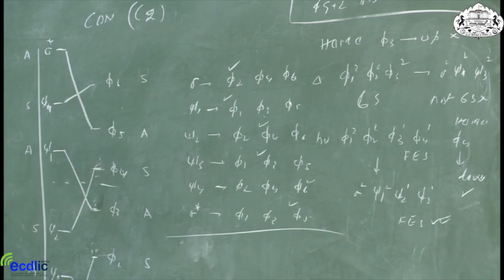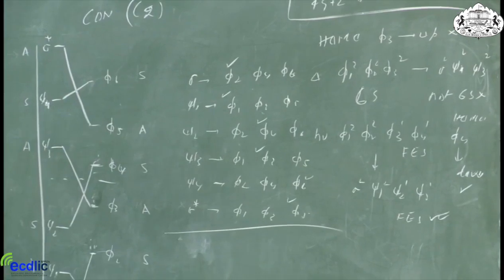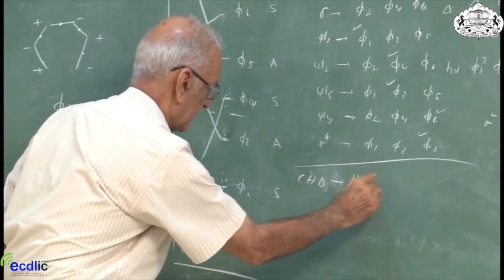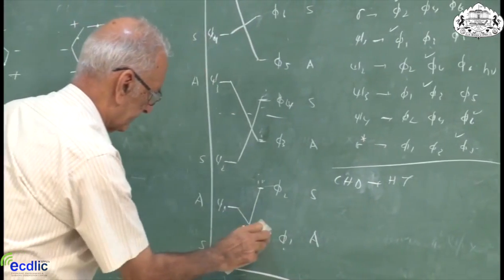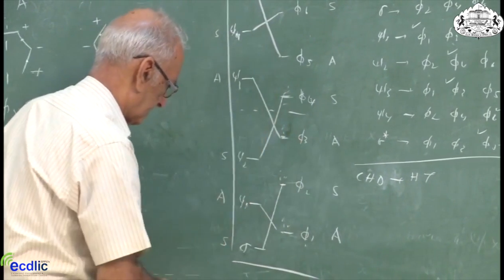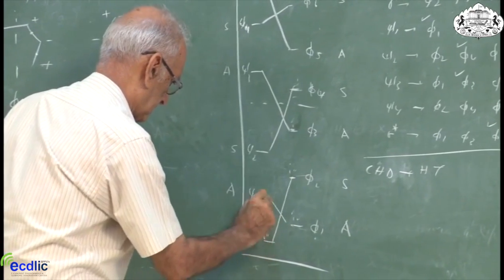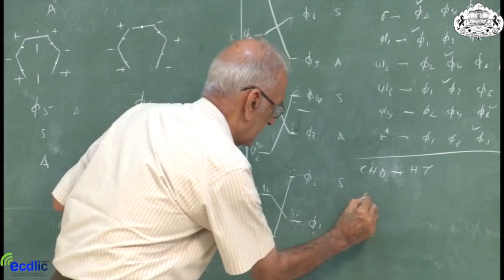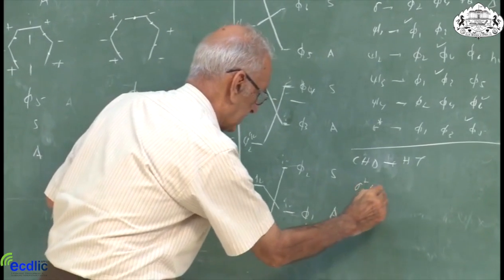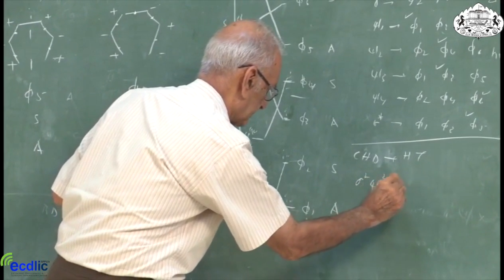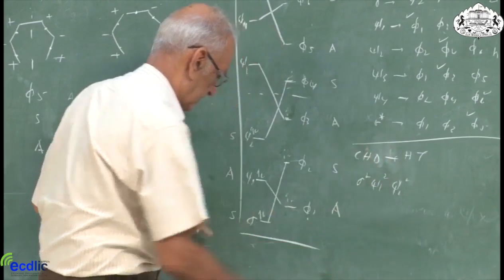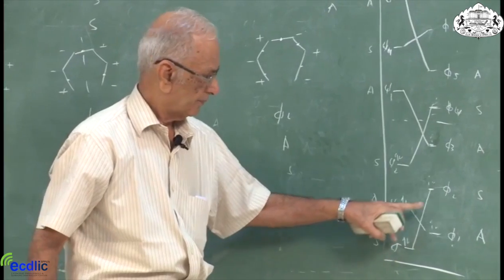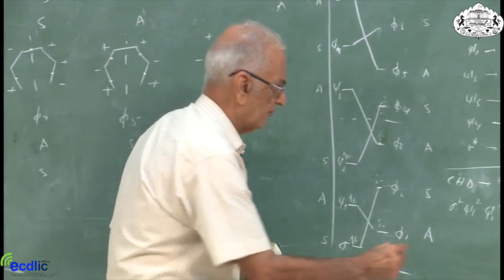Let's do it for the reverse reaction, cyclohexadiene to hexatriene. Sigma 2, psi 1 2, psi 2 2. Sigma 2 goes into phi 2 2.